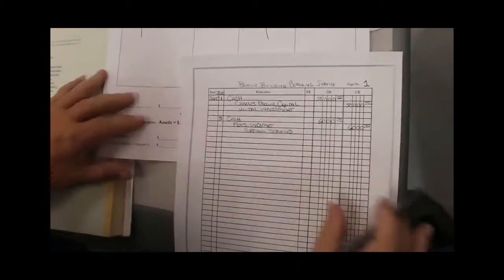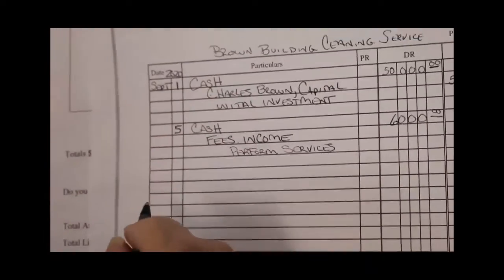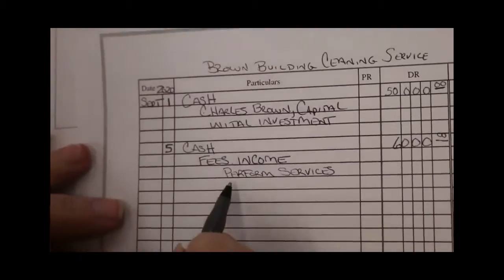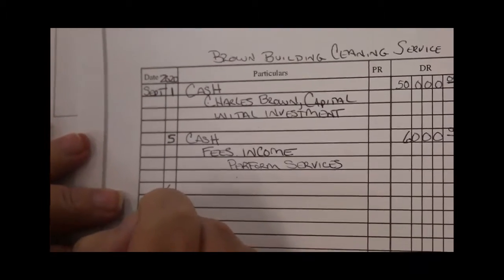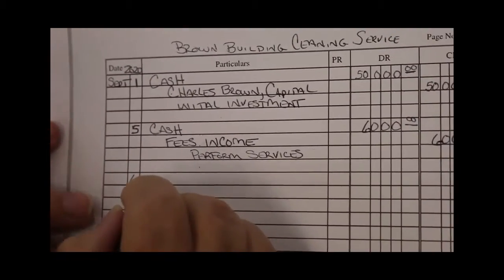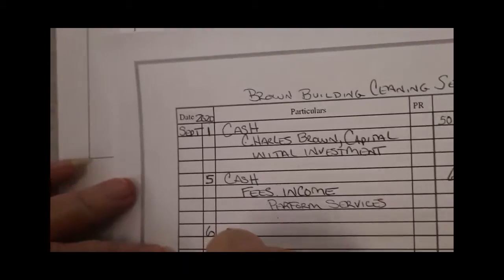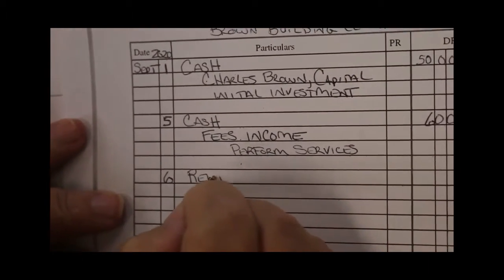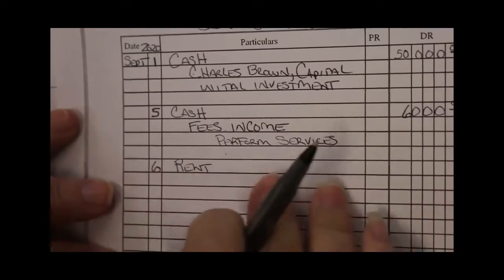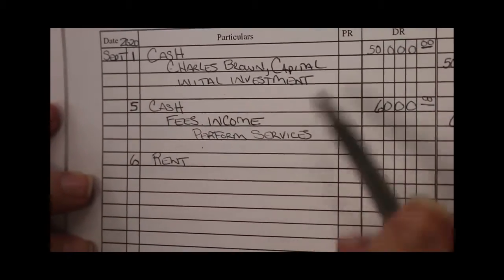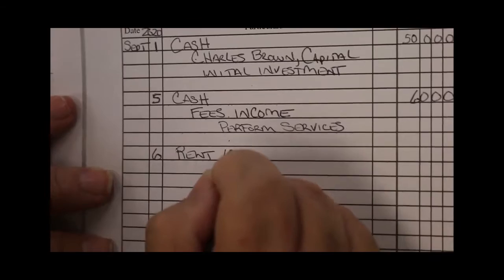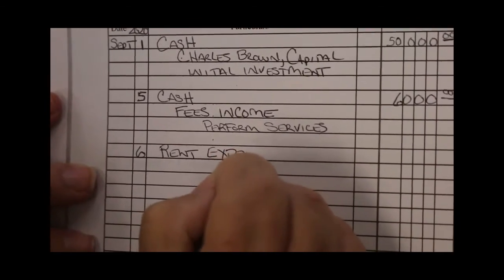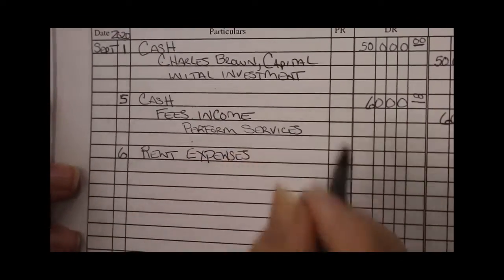So over here onto the journal, the date is the 6th. I'm going to skip a line, so I'm going to go to the 6th, and I'm going to write the first account that's debited, rent expenses. Remember, we always write the debit one first. That's the one that gets written first. Rent expenses. Okay?